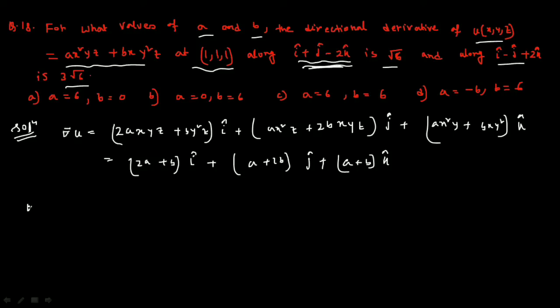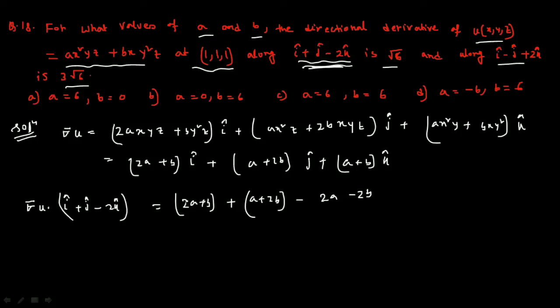So gradient of u dot i cap plus j cap minus 2k cap. Dot product with i cap, that is 2a plus b, and dot product with j cap, that will be a plus 2b, simple. And dot product of a plus b with this, there is a minus 2a minus 2b.